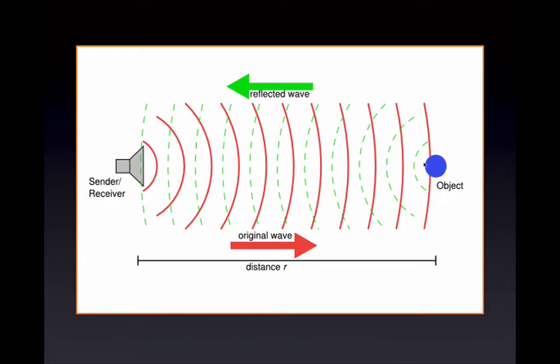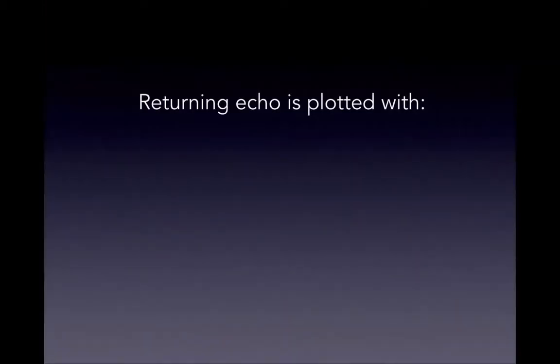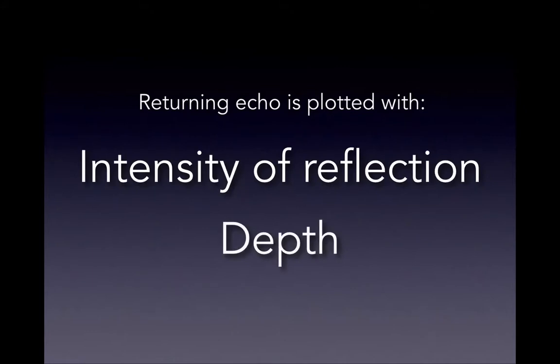And when they hit an object, the probe listens for that reflection, that wave, or an echo, basically. So going this way, it hits an object, and that object is at a distance r, and it listens to those echoes, right?